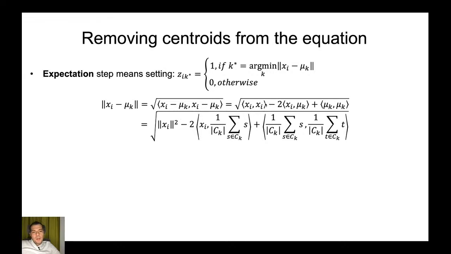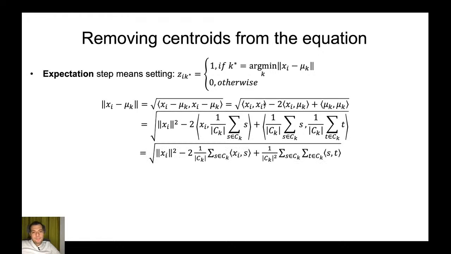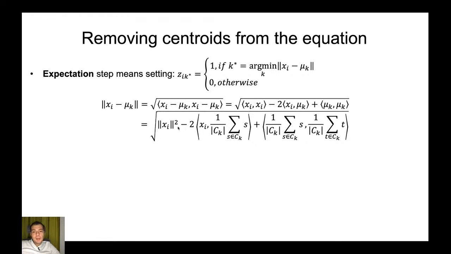So now when we expand this, we obtain, so this is the norm of the vector xi. This can be rewritten like this.